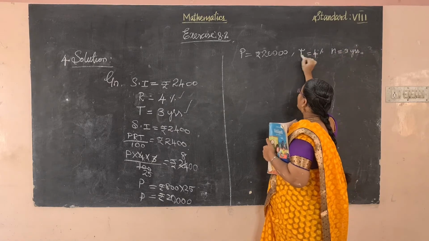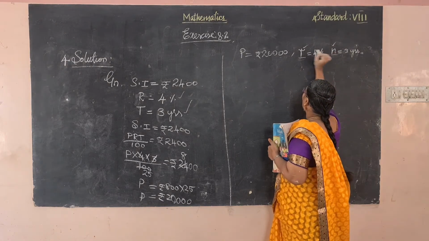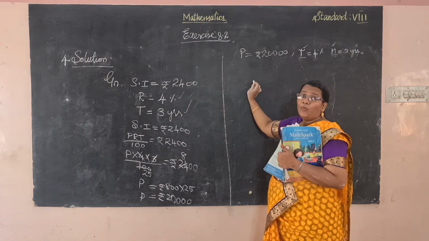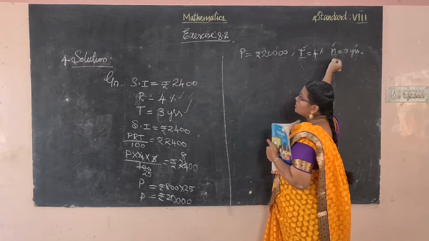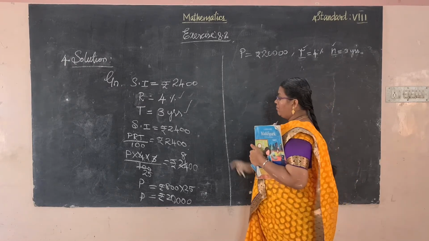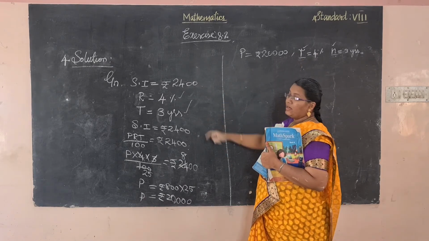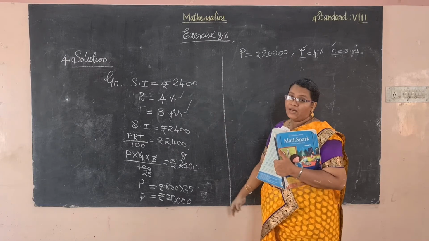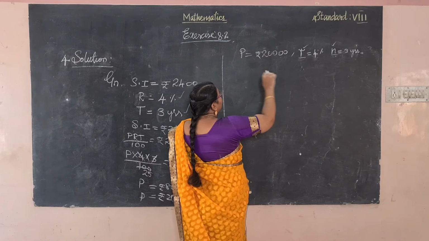Why do we change to small letters r and n here? Because we are using compound interest. In compound interest we use small r and n. The meaning is the same: rate of interest 4% and number of years, the period of time.